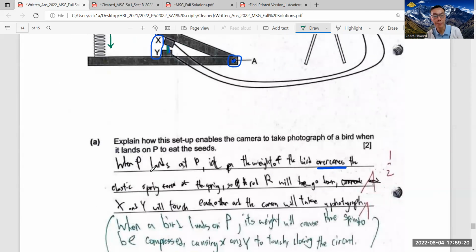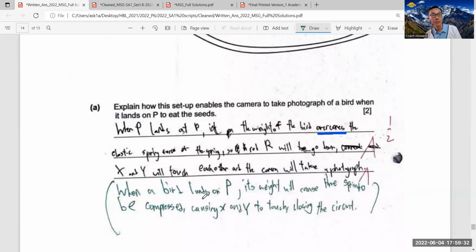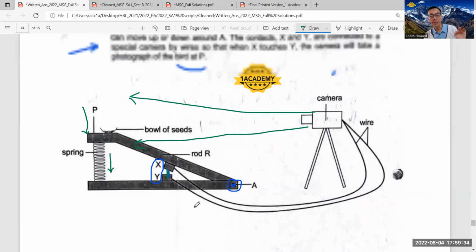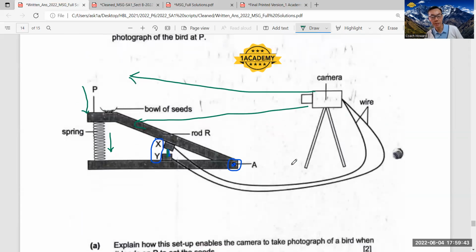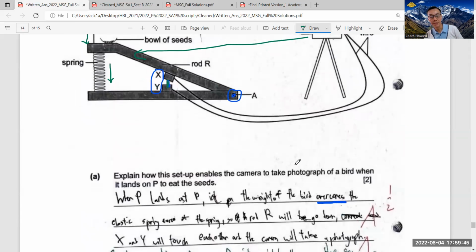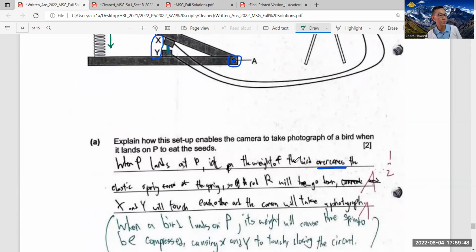He wrote, when the bird lands at P, the weight of the bird causes the spring to compress, causing the contacts X and Y to form a closed circuit. Electricity will pass through the camera, taking a photograph of the bird. Okay, so if you take a look once more, just give me a second.